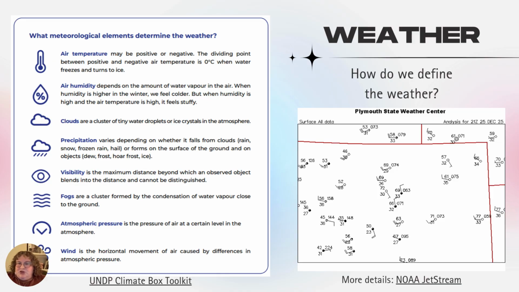You're going to see temperature, wind speed and direction, possibly dew point, and then you're going to see whether it's raining, different weather types, cloud cover, station pressure. So everything on the left is graphically represented here on the right.